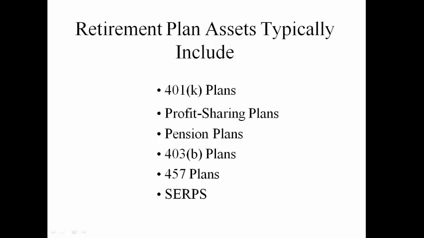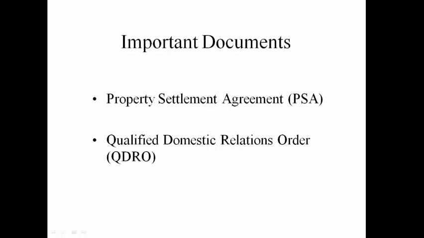Visibly absent, however, from this list are individual retirement accounts, or IRAs. We'll talk about IRAs later because they have a different set of rules when it comes to splitting retirement plan assets in a divorce. So let's go to the next slide and begin the discussion.